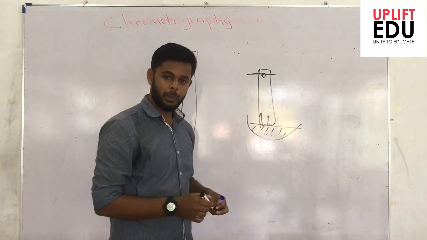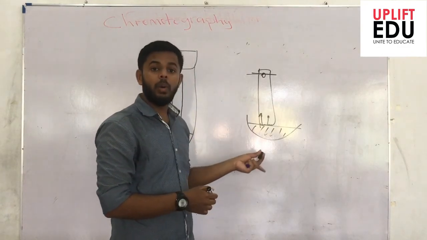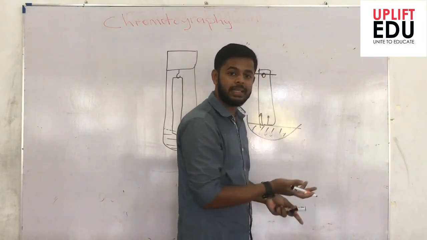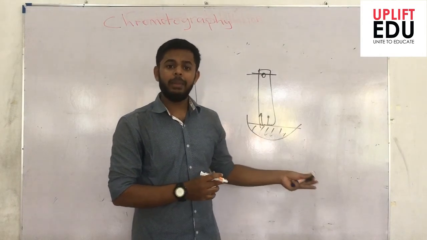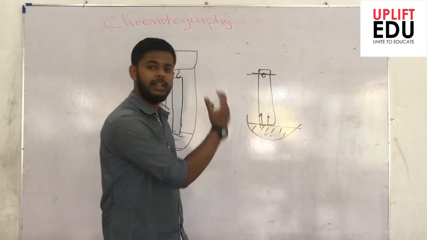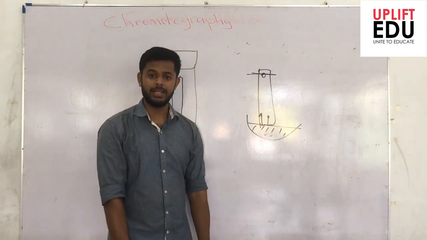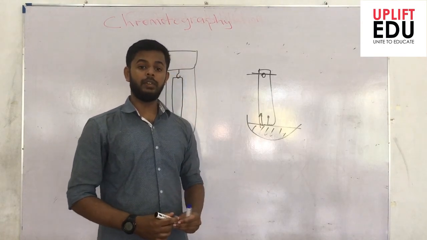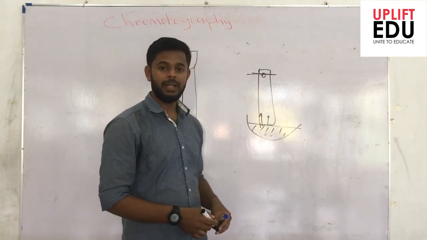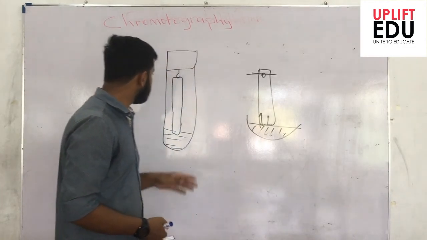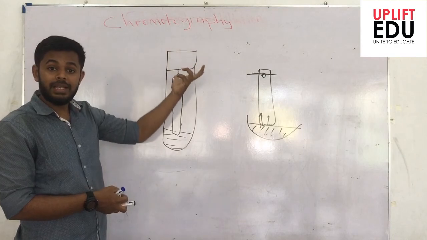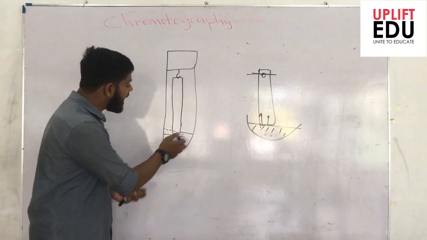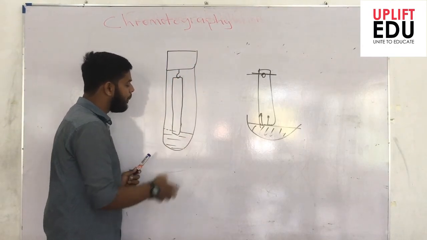This is a natural process. Not only water, other solvents like acetone, ethyl alcohol, and many other solvents, even petrol, will obey the same condition, right? In chromatography, we are going to use this principle. We take a small apparatus, maybe a tube, let's say a boiling tube, and we take some amount of solvent at the bottom.